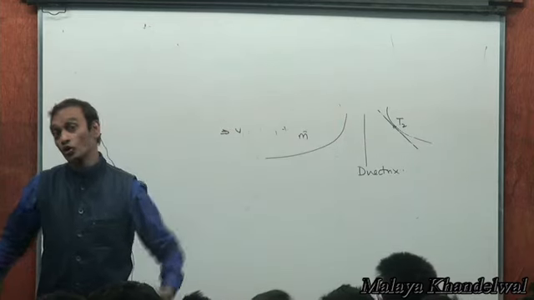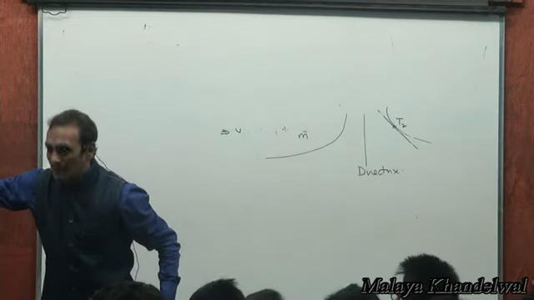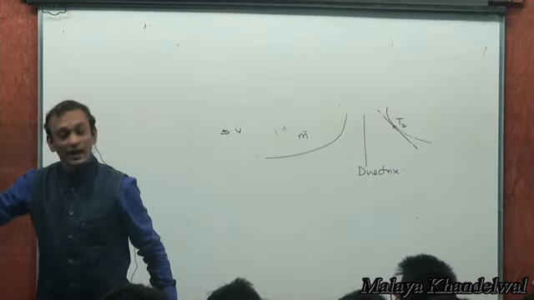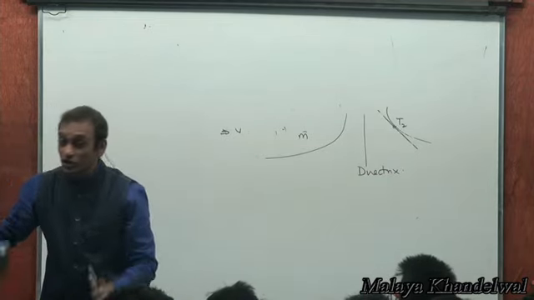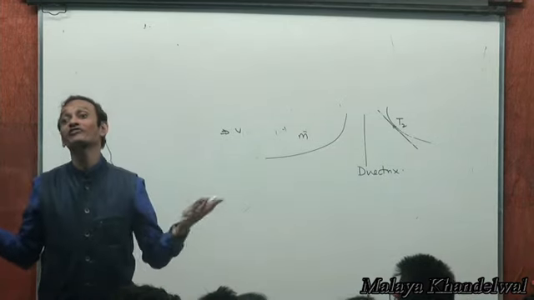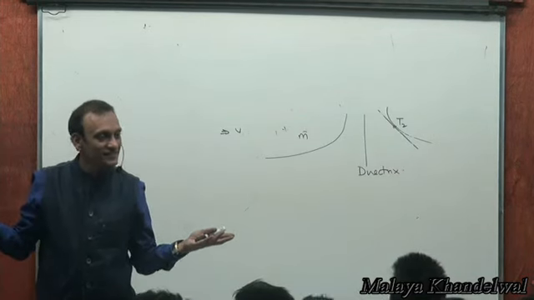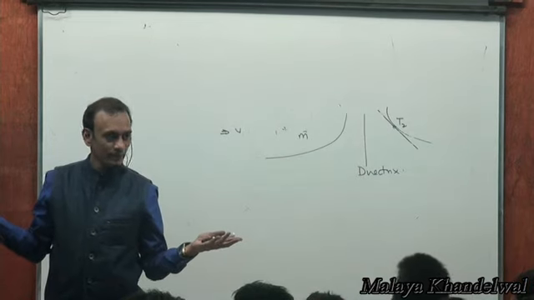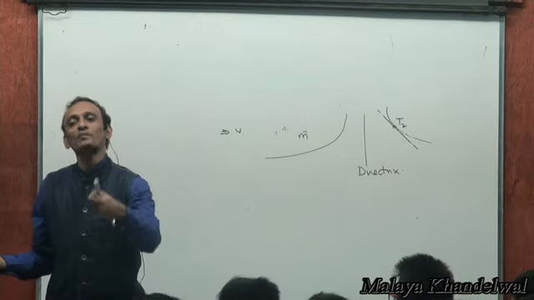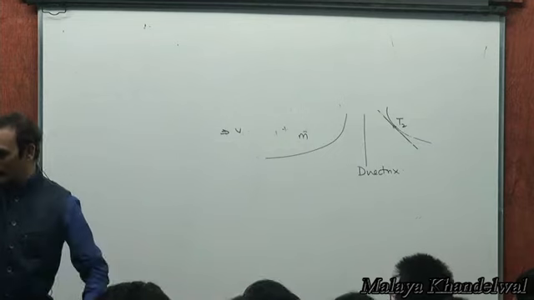The director circle is the locus of points such that tangents drawn from those points to the parabola are perpendicular to each other. Tangents from the directrix are perpendicular to each other. Therefore, the directrix must be the director circle of the parabola. It's a circle of infinite radius, isn't it? That's what it is. So the directrix is really the director circle of the parabola. From any point on the directrix, if you choose to draw a pair of tangents, they would always be orthogonal or perpendicular.